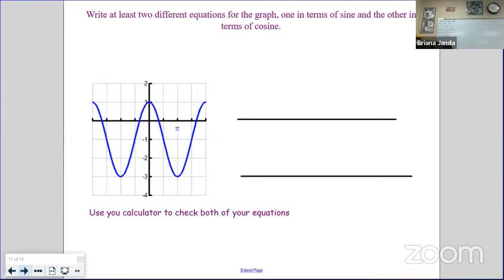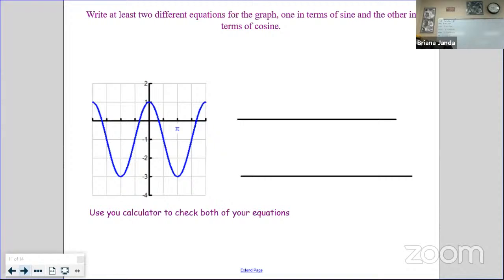And C is going to be specific to each of the 2 lines you're writing. So for cosine, I would decide which max or min I want to use.